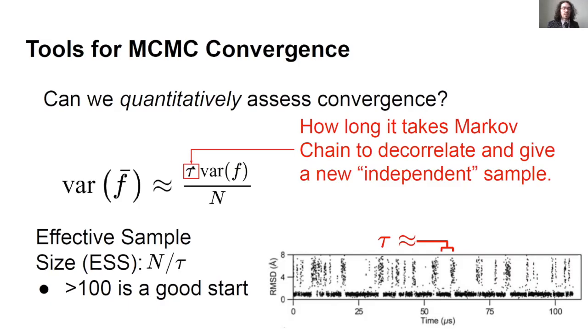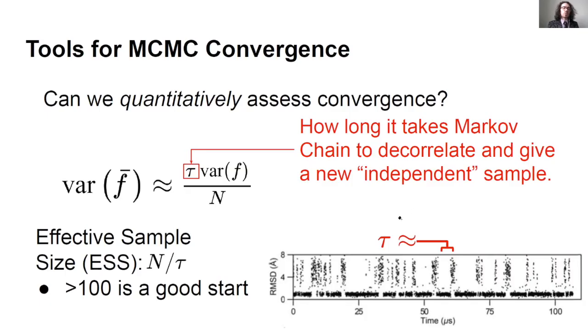The autocorrelation time says how many samples of Markov chain Monte Carlo I need to trade in to get the same statistical power as one new independent sample. Often this is given in terms of the effective sample size, so N over tau. And having an effective sample size of greater than 100 is a reasonable start to be confident in your model, although of course this is very application dependent.